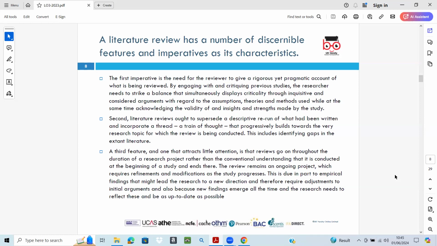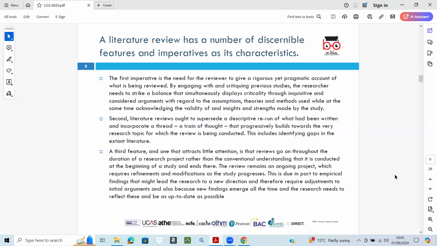Instead, it's an ongoing process that evolves and is refined throughout the duration of the project. So we have continuous review. Regularly update your review to incorporate new findings and developments in the field. This ensures that your research remains current and reflective of the latest knowledge.